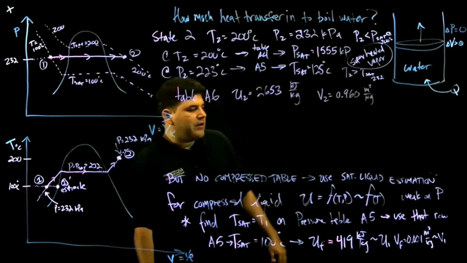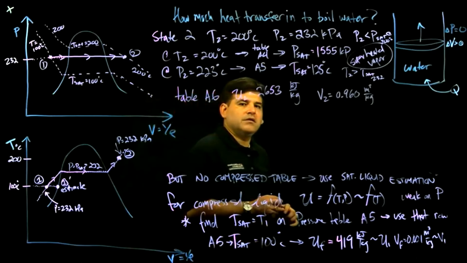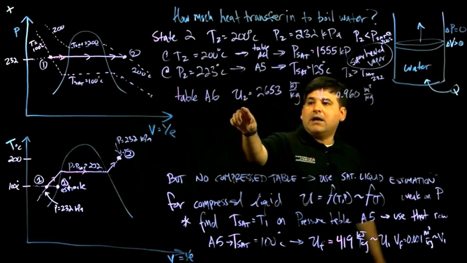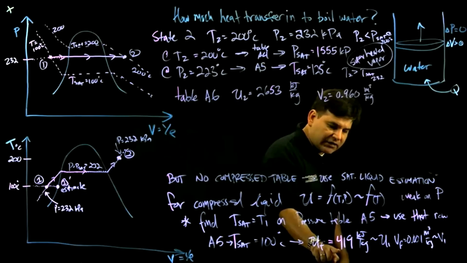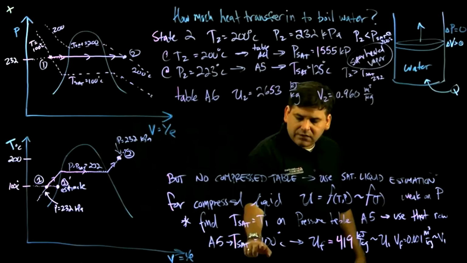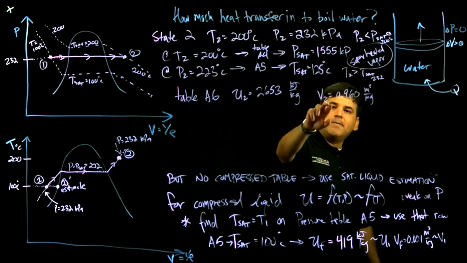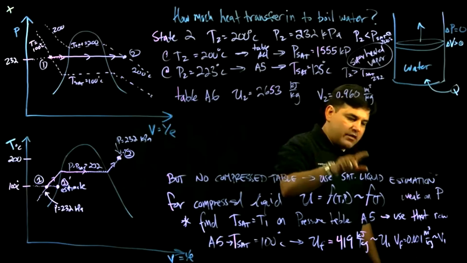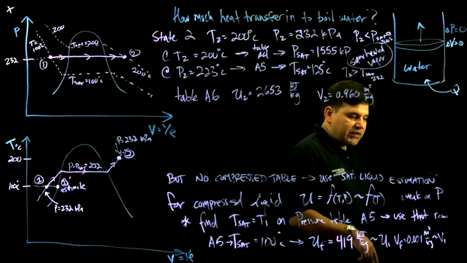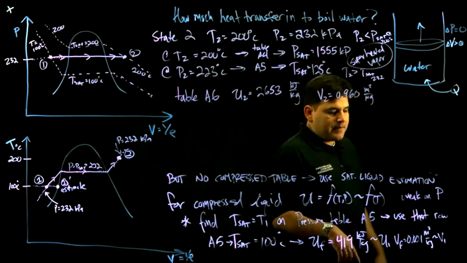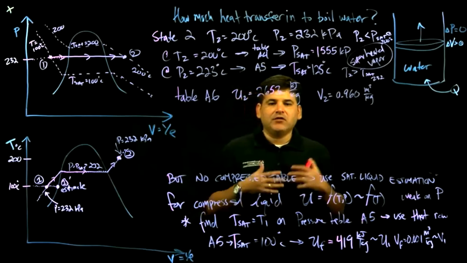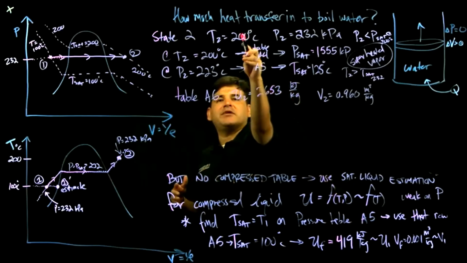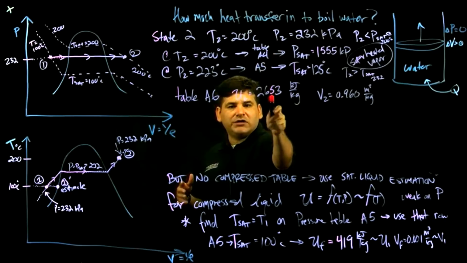So if we compare the volumes and the energies, superheated vapor has a much higher energy than saturated liquid at this temperature. And the volume is greater than the saturated liquid value. So it makes sense. If you're superheated vapor at a higher temperature, you should have a higher energy.